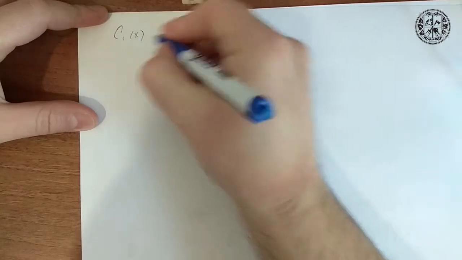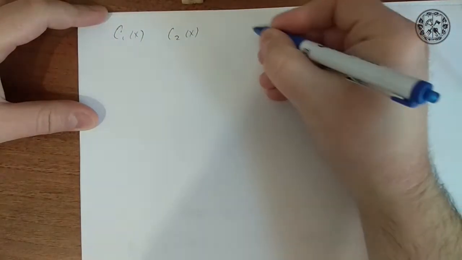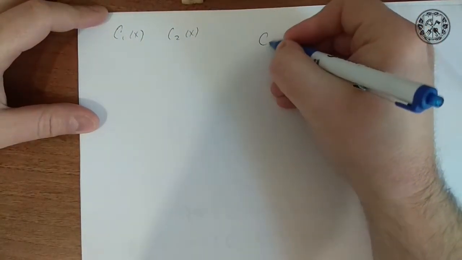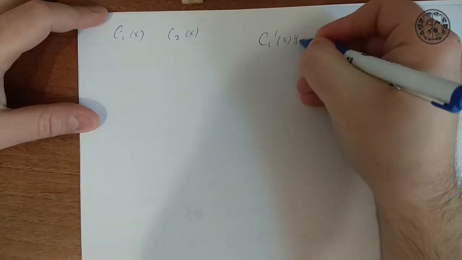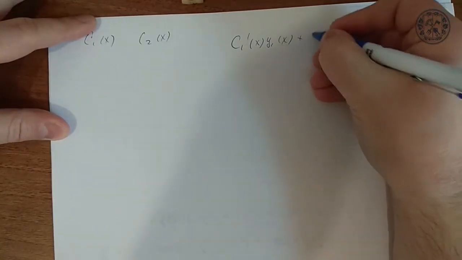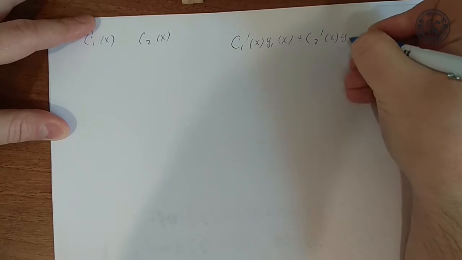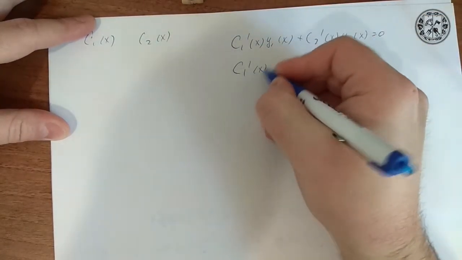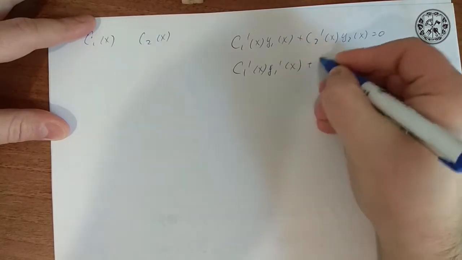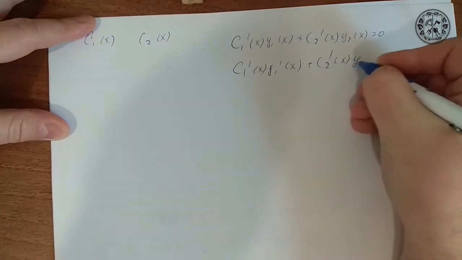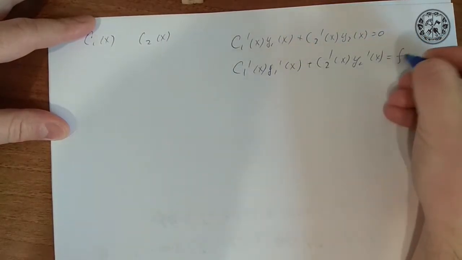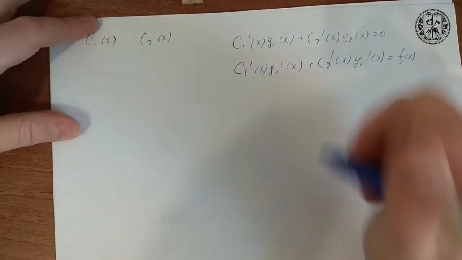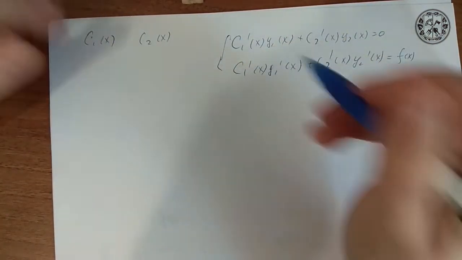Functions c1(x) and c2(x) can be found from the system c1'(x) y1(x) + c2'(x) y2(x) = 0, and c1'(x) y1'(x) + c2'(x) y2'(x) = f(x), where f(x) is the function stated on the right side in the equation.